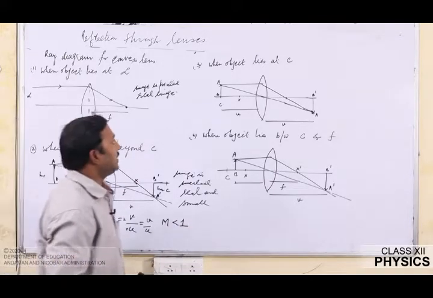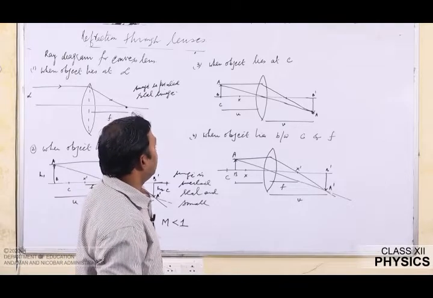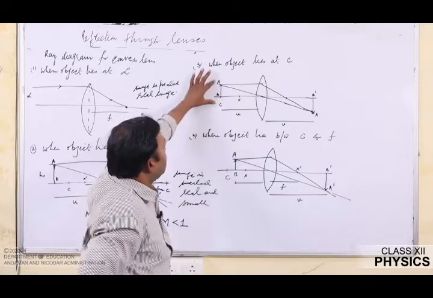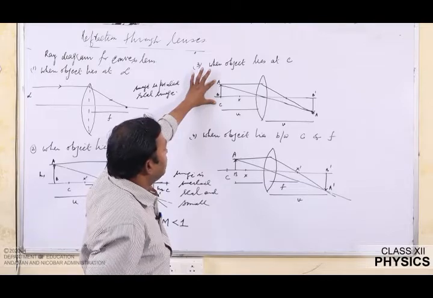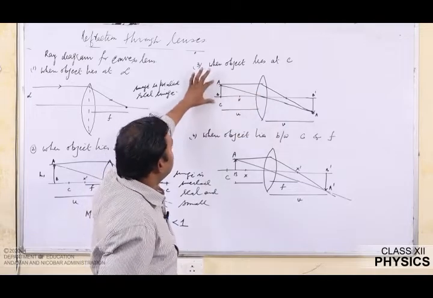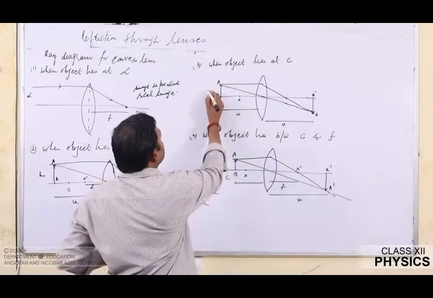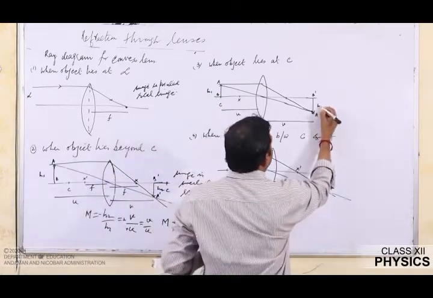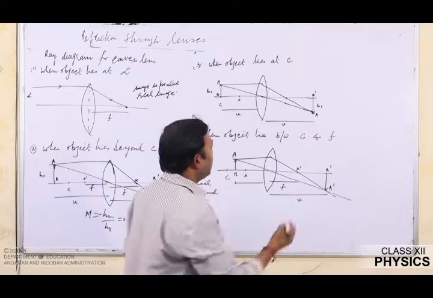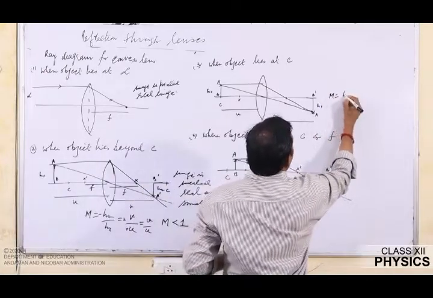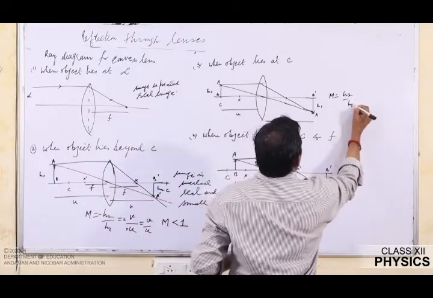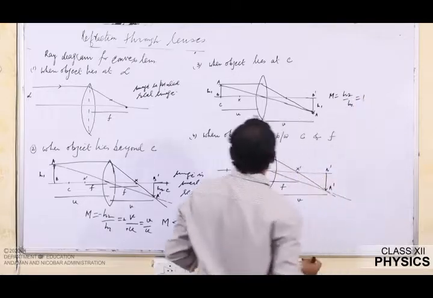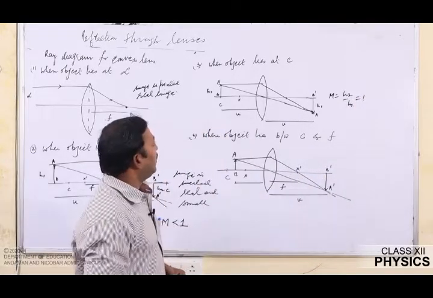Next, we will see when the object is placed at center. When the object is placed at the center, we will get the same size on the other side, that is, if we take h1 as height of the object, we will get the image also as h1. Here magnification m is equal to h2 by h1, which is equal to 1, that is, the size of the image is equal to the size of the object.